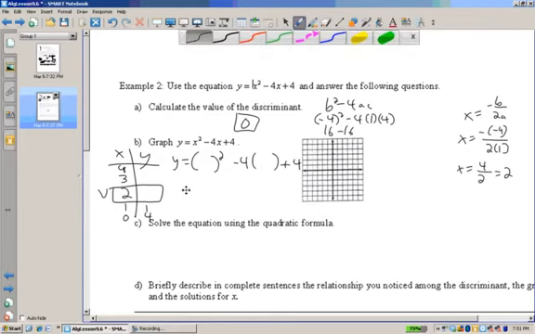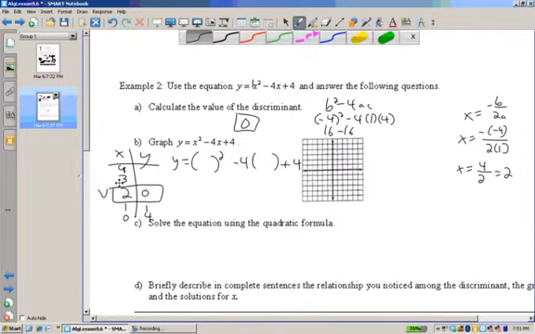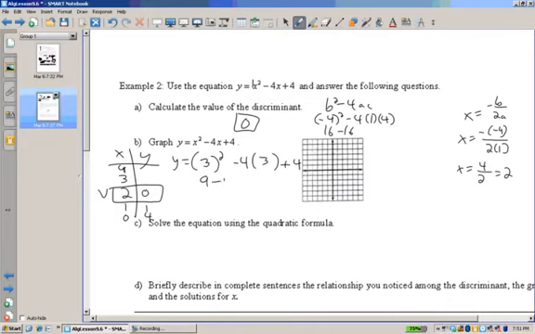Now let's try 2. 2 squared is 4 minus 8 plus 4. 4 plus 4, 8. Minus 8 is 0. Okay, we just need to try one of these. So let's try 3. 3 squared is 9 minus 12 plus 4. 9 minus 12 is negative 3, plus 4 is positive 1. You notice the symmetry is holding true here. This is good. So we can go ahead and assume that this is going to be 4.